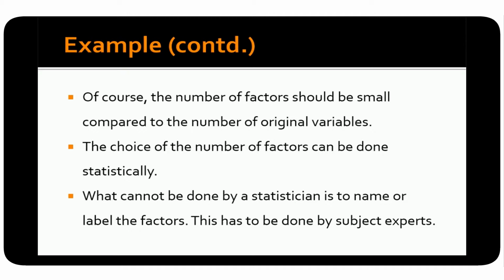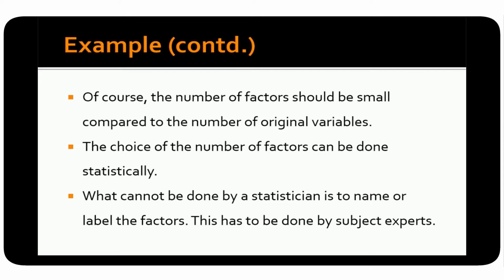We can tell you that there are 3 factors in it, but calling one creativity, or memorization capability, or reasoning capability is beyond the scope of a statistician. It has to be done by the subject expert.